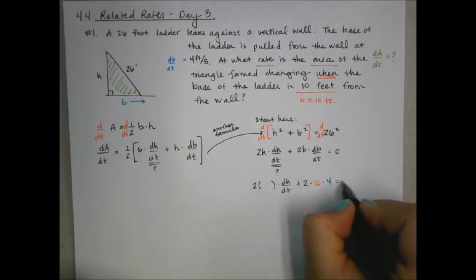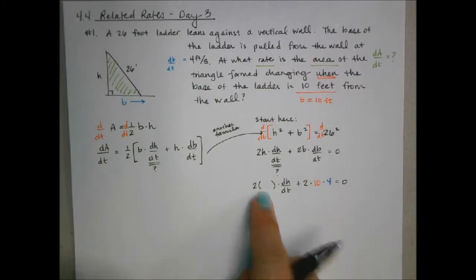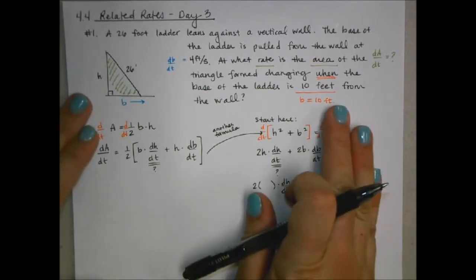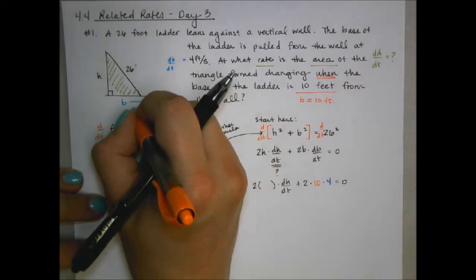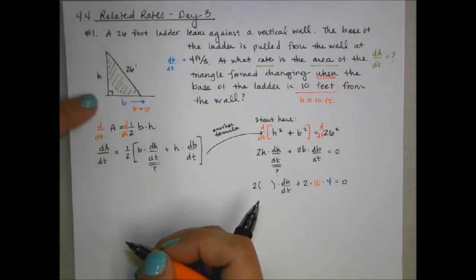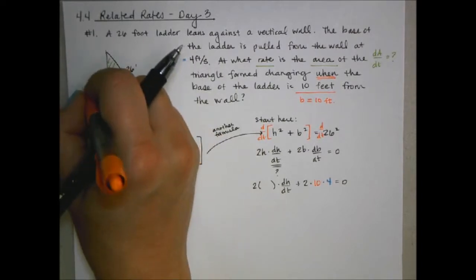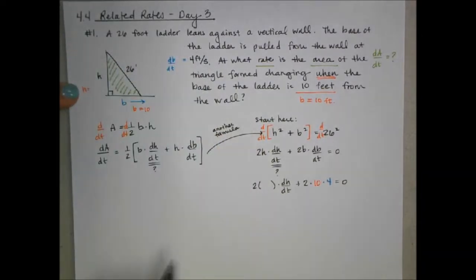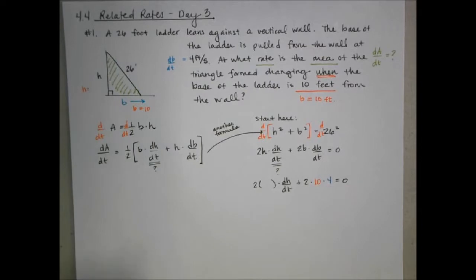Now I still need h. So at this moment, b is 10. And at the moment when b is 10, I can do my Pythagorean theorem and find the value of h. But again, this is only to be used once you've taken the derivative. So what value would we get here? This comes out to 24.